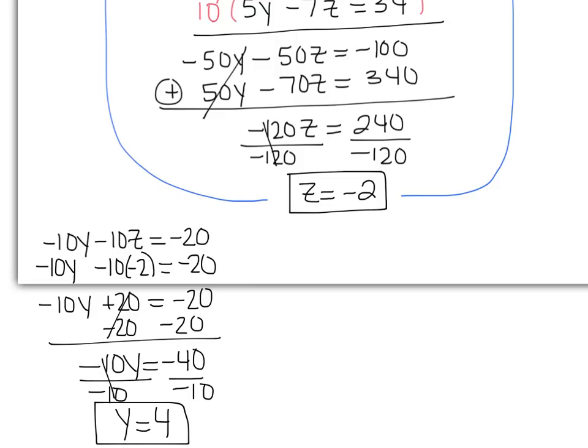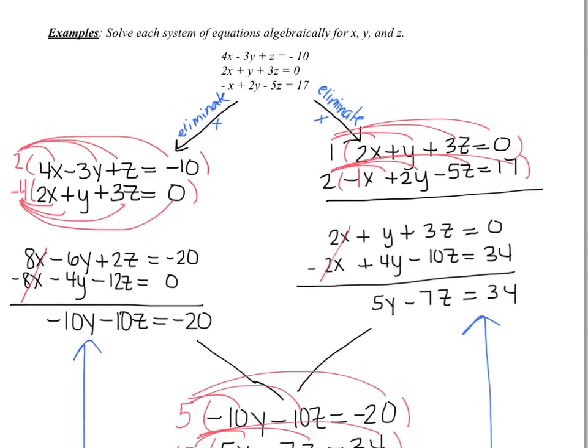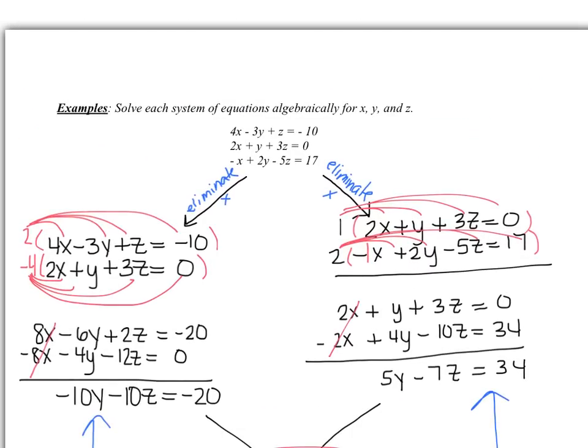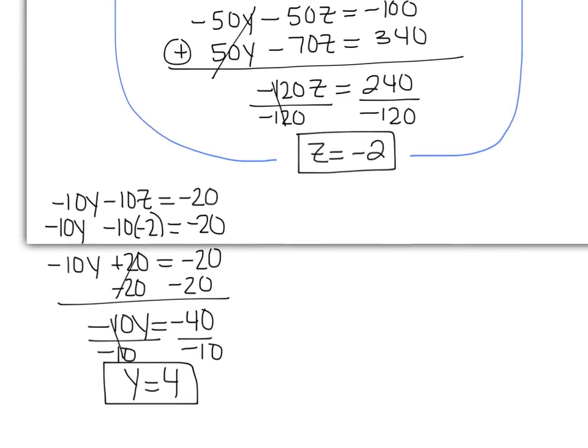So now the last thing that we need is our x value. You may choose any one of the original equations now to find the x value. So I will write down here original equation. Pick one of the 3 original equations.